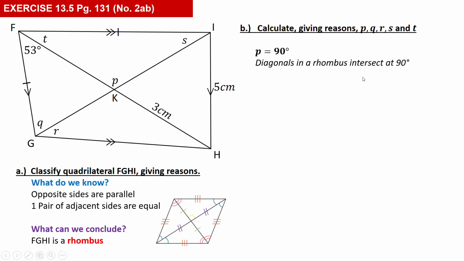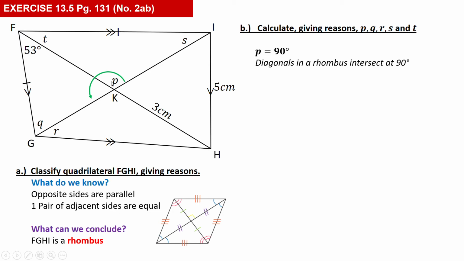From there, I'm going to try and work out Q, which is over here. For Q, I'm going to work inside this triangle. But I don't have this middle angle here. But I do know that there's a straight line, and I know that angles on a straight line add up to 180 degrees.